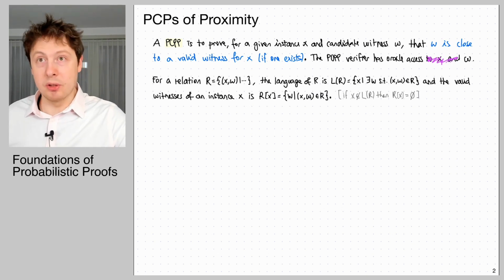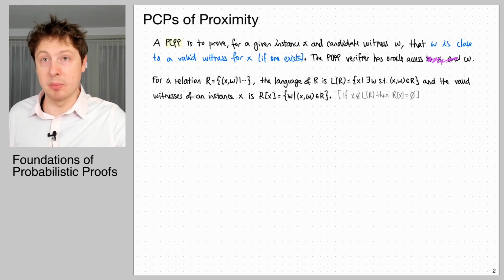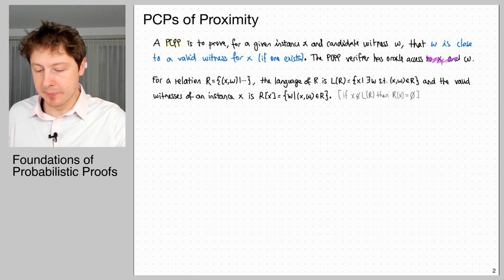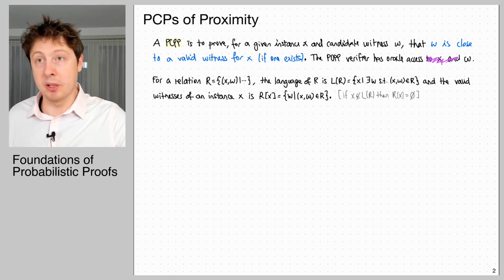Now, some notation, because we're going to be using it today. Remember that PCPs of proximity are for relations, not languages. A relation is just a set of instances and witnesses that come together in pairs. So you can think about it as, for example, circuits and satisfying assignments. You can project on the first coordinate, and you get the corresponding language.